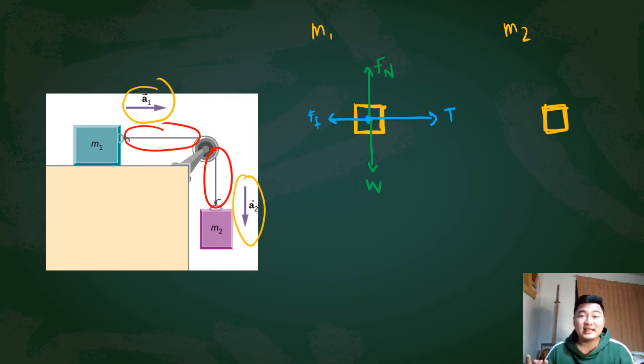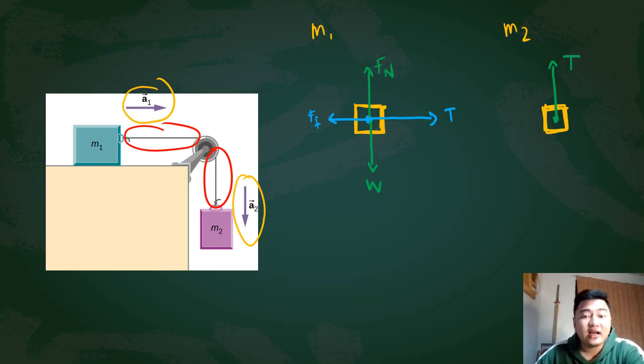It will not make any sense if ropes push. So although you see here that your mass 2 is moving downward, or accelerating downward, your tension still is a pull force. So therefore, you will have a pull force here. That's your tension.